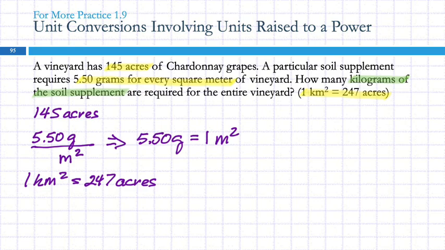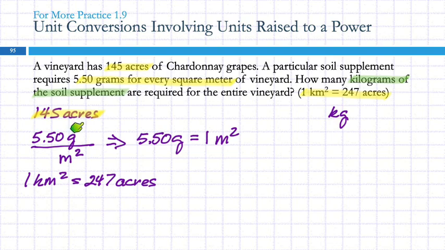So I'm actually going to start with my acres. And then I'm going to, the green here, kilograms. So I'm trying to get to kilograms. This one is different because this is not just unit relationships I look up in a table or use metric prefixes for. These are some specialized relationships for this problem only.